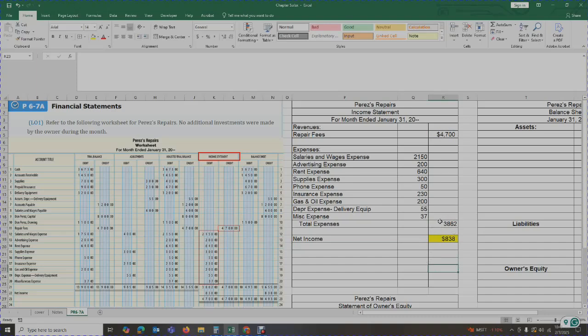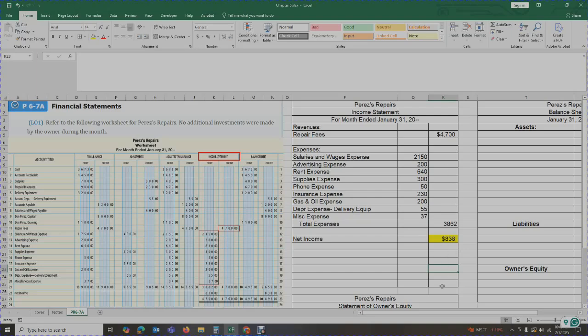Now, if your expenses would have been greater than your revenues, then you would have had a net loss. And it does happen, especially when you're starting off a new business, you will have losses at the beginning. So that is the income statement. Very simple. Your revenues minus your expenses will give you your net income.